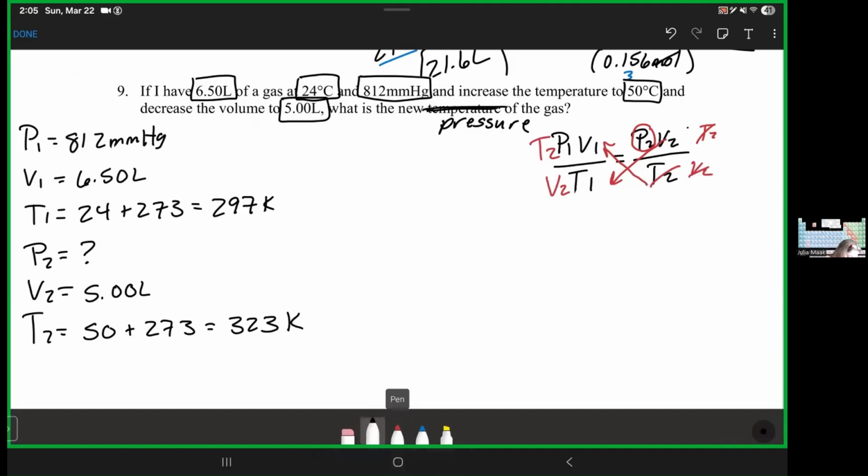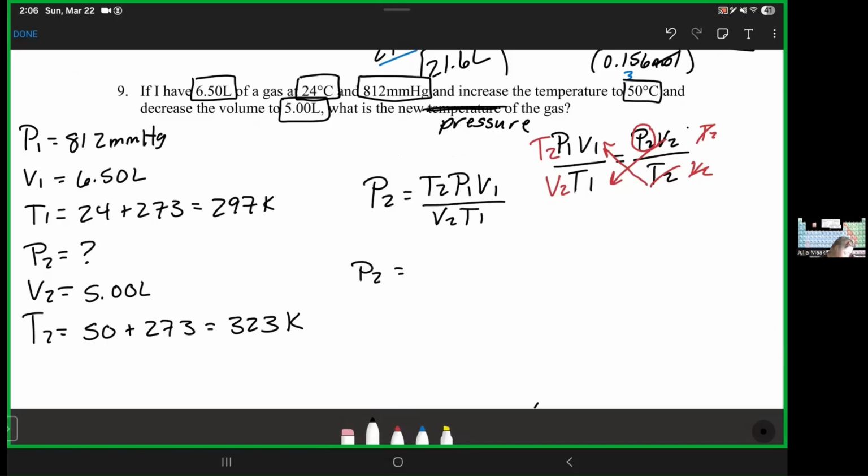So we get that our P2 is equal to our P1 V1 T2 over T1 V2. And just to have this in your brain, I could have written this T2 P1 V1, which is the same as P1 V1 T2. It doesn't matter what order you do multiplication in. Okay. So then on the bottom, I've got the V2 T1.